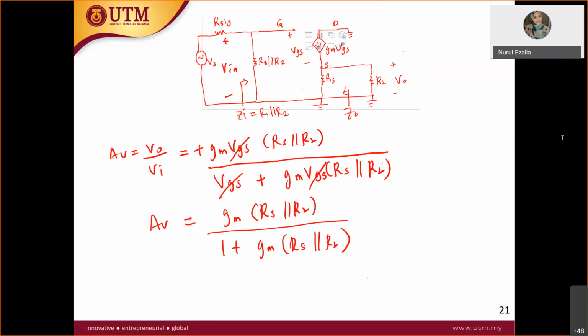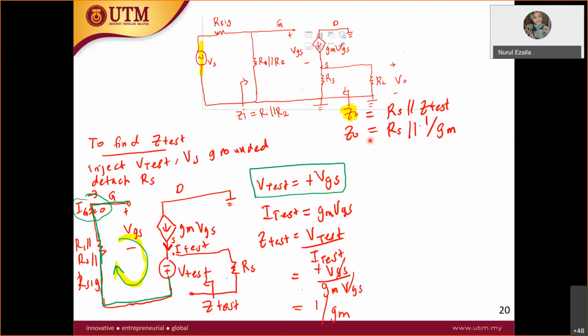Is it RS parallel RL or Z out parallel RL? Remember that every time you find V out, there is nothing to do with the Z out. In this case, V out is the voltage across these two resistors. You just take RS parallel with RL, not Z out. Only for the Z out you inject V test and everything.